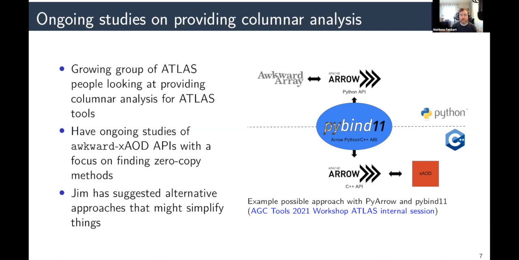You first go from Awkward to PyArrow, then through PyArrow you hook into PyBind11, and through there you access the C++ Arrow ABI, or the ABI between PyArrow and C++ Arrow. Once you're in C++ land, you'd be able to talk directly with XAOD.